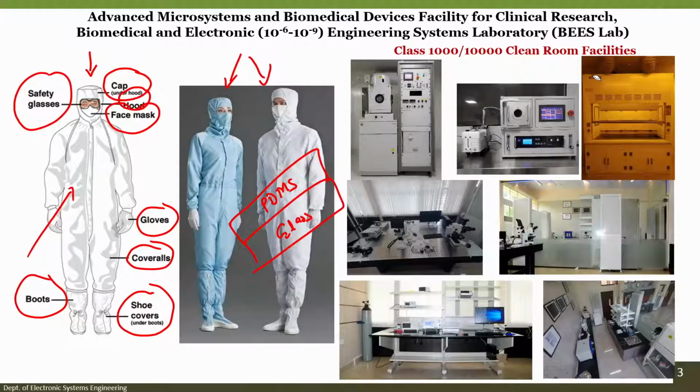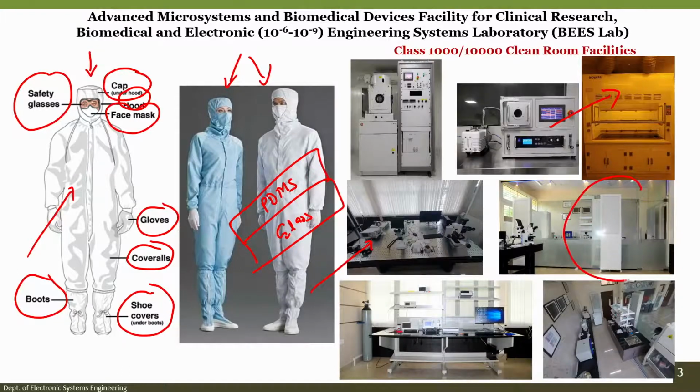If you see the next one, this is the fume hood. Fume hood is used in the photolithography technique. We will be discussing photolithography at some point of time. What you see here is a micro manipulator, and the use of the micro manipulator is to indent a tissue.